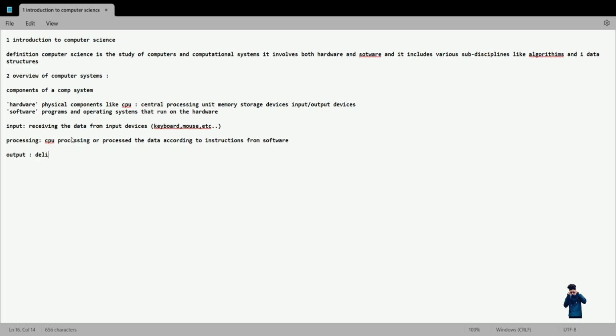So let's understand clearly what output is. It means delivering processed data to output devices like monitor, printer, etc. Okay.